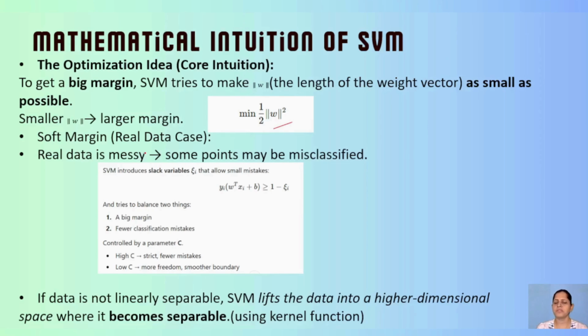You don't have to remember these formulas. I'm just relating these concepts so that these things will trigger in your brain. If your W is smaller, that means if your weight vector is smaller, the margin is larger in that case.